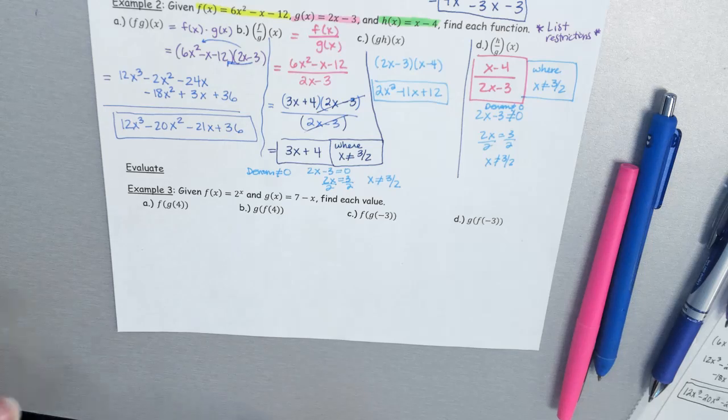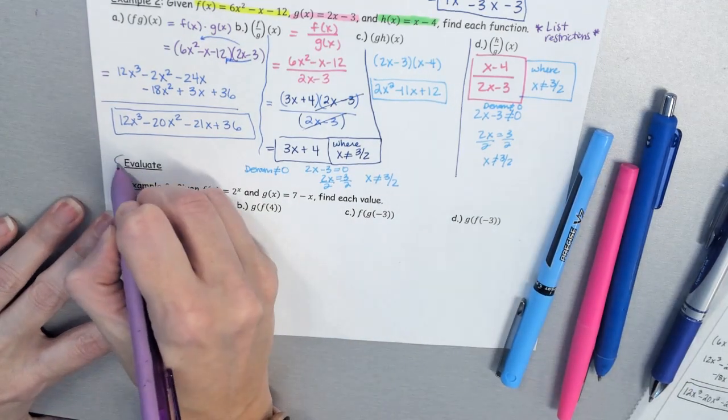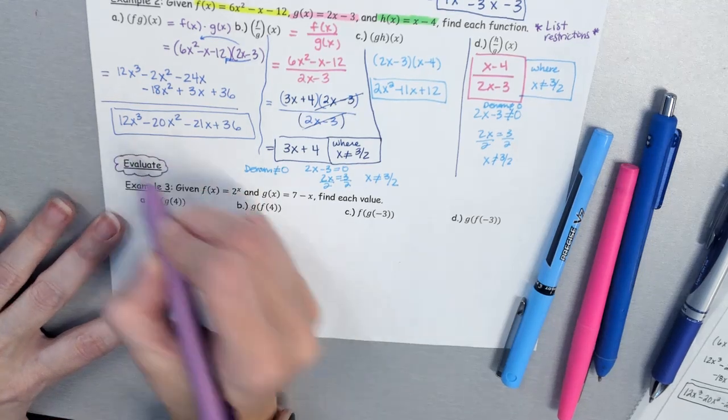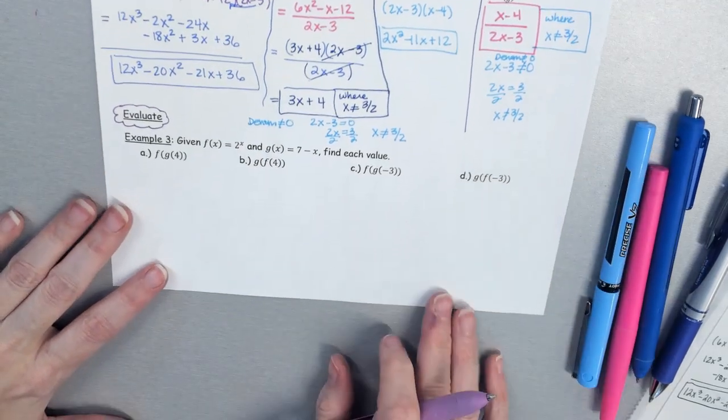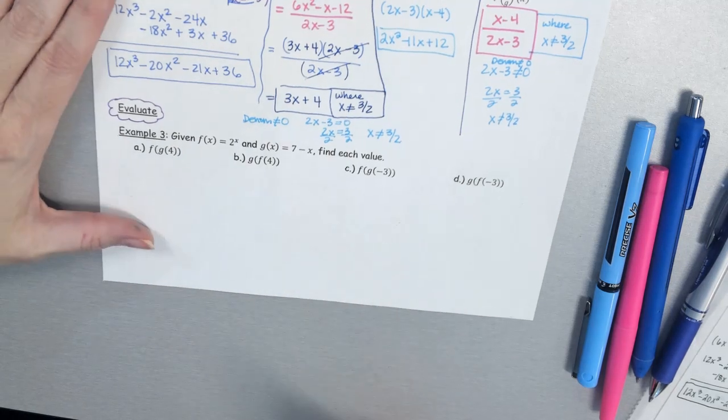All right, now we're going to evaluate. Whenever you are evaluating, you are plugging in a value to get a value. So a lot of times you guys evaluate with like f of 1, and you plug in 1 to find out what that's going to be.